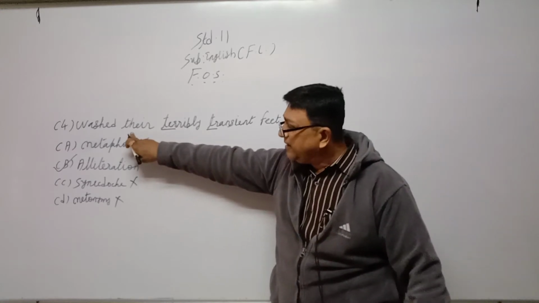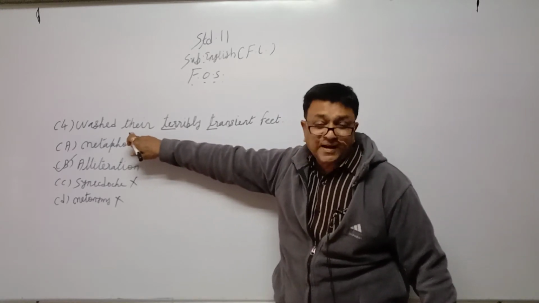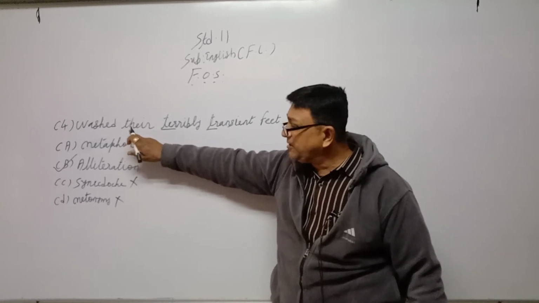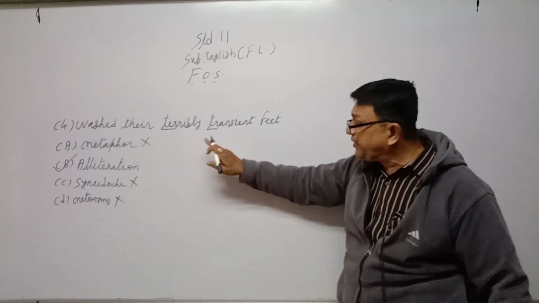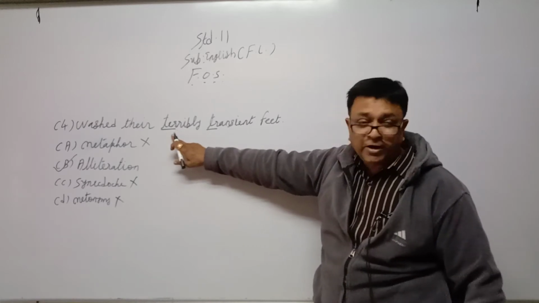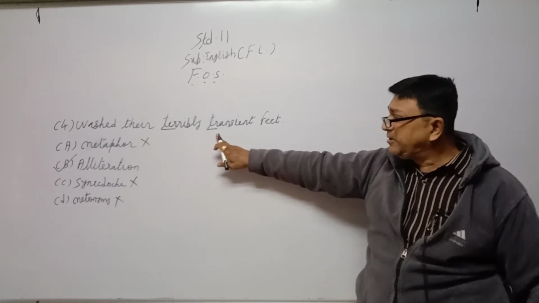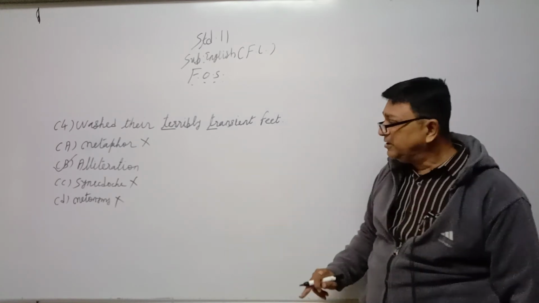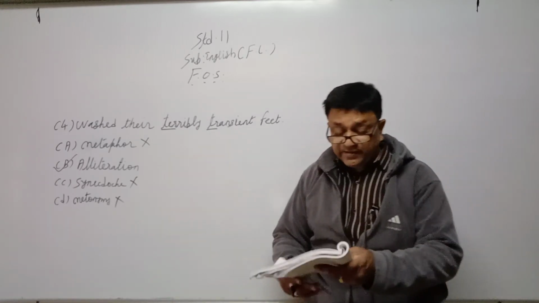This T is for there, so it is the sound the, not ta, so it is not included in it. But terribly transient, this is T for ta, this is also for T. So sound of T is repeated. So it is called alliteration.